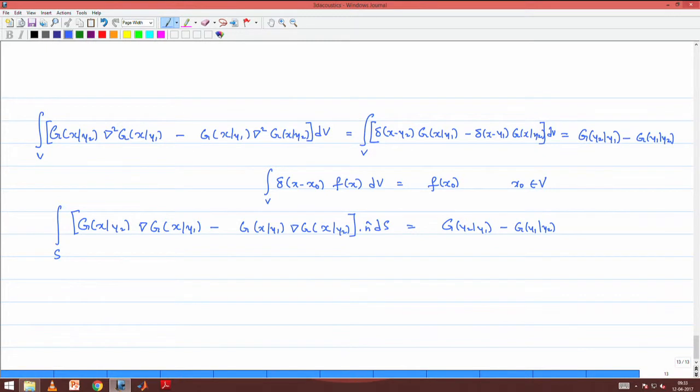Now, the point is that the principle of reciprocity demands that this left hand side surface integral should be 0, right, because g(y2, y1) must be equal to g(y1, y2).